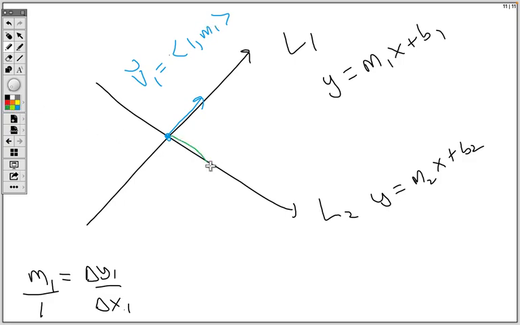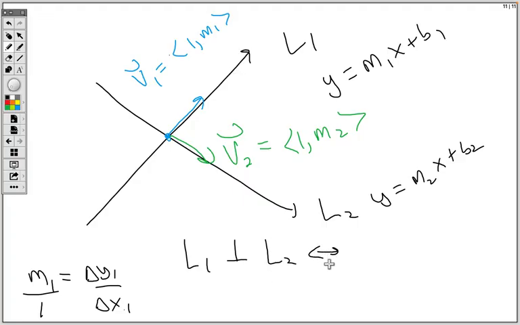And likewise, I could do the same thing here with L2. For every 1 unit I go over in the x on L2, I'm going to go up m2 units. So L1 being orthogonal or perpendicular to L2 would be the same as the vector v1 being orthogonal to v2.